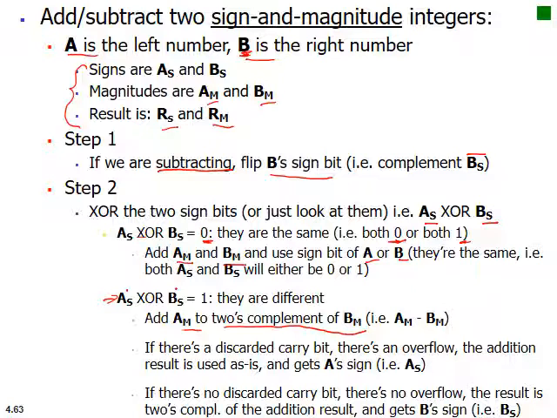The addition result is used as is, and it gets the sign of A.